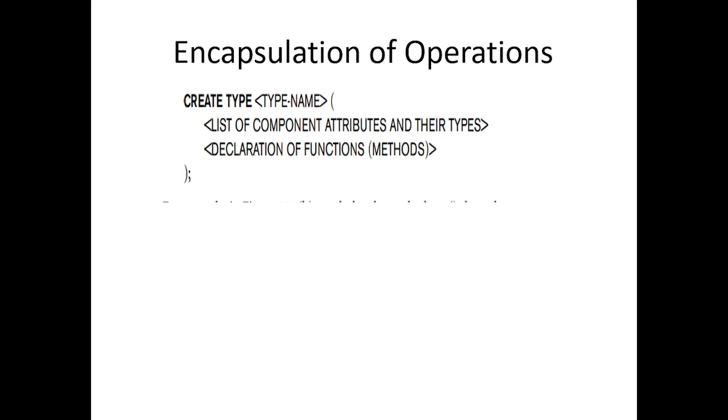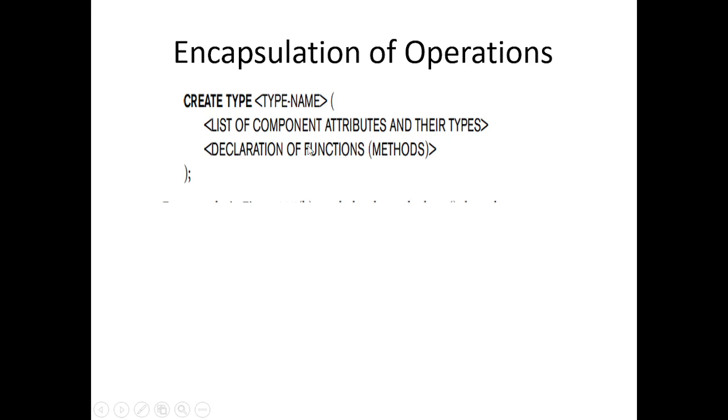And encapsulation of operations in SQL. A user-defined type can have its own behavioral specification by specifying methods in addition to these attributes. The general form of a UDT specification with methods will be like this.